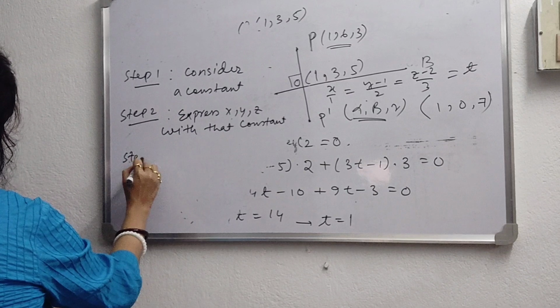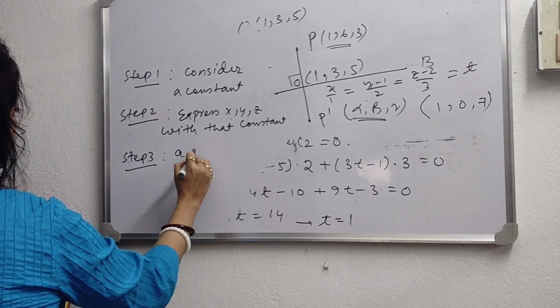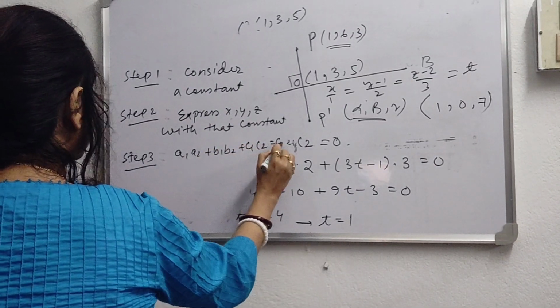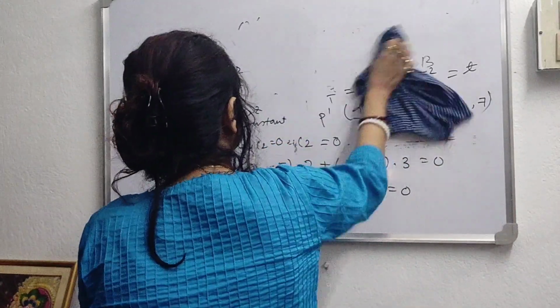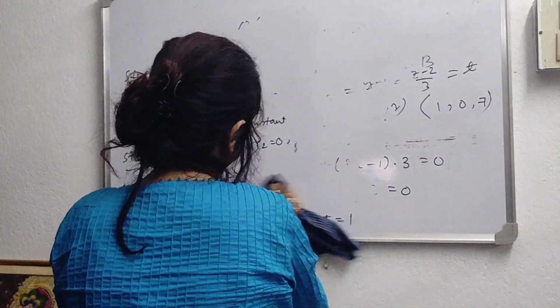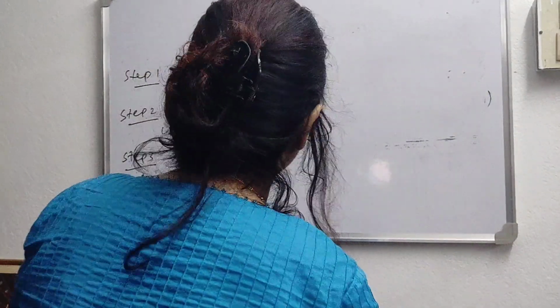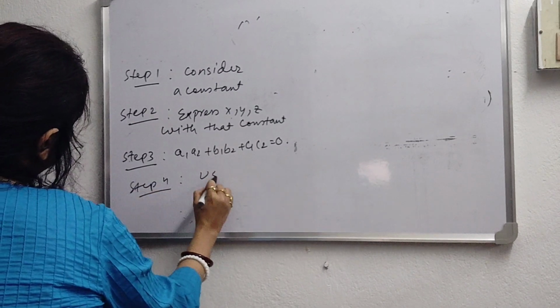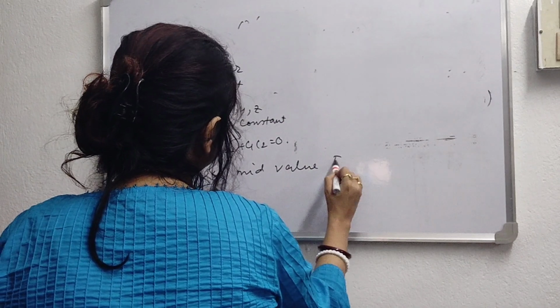Step 3: use the formula A1A2 + B1B2 + C1C2 = 0. Step 4: use mid value formula.